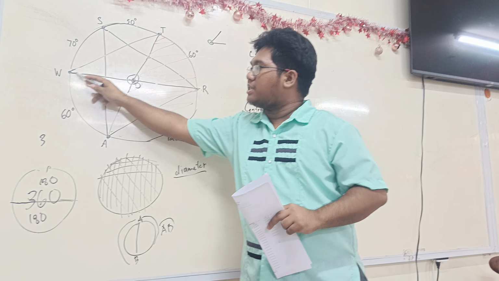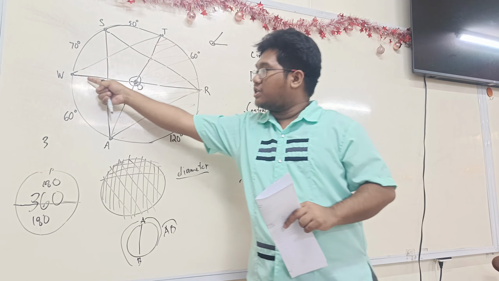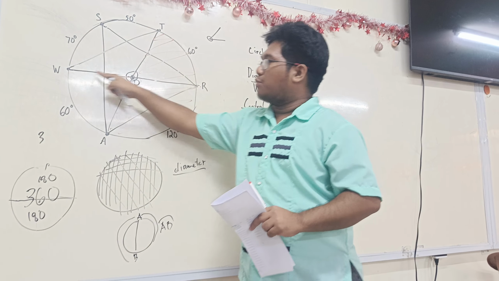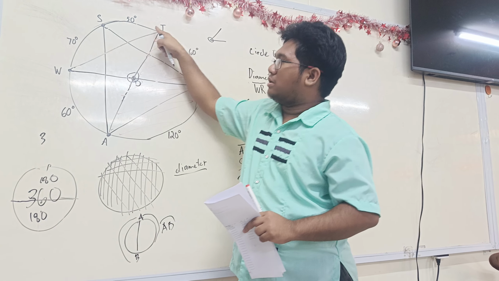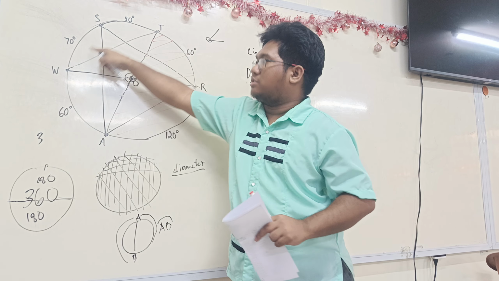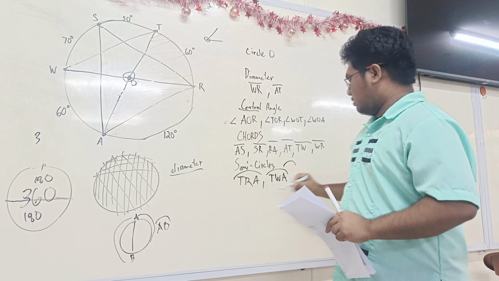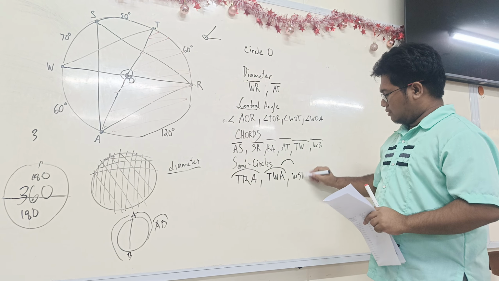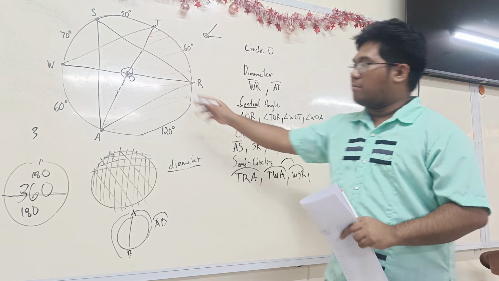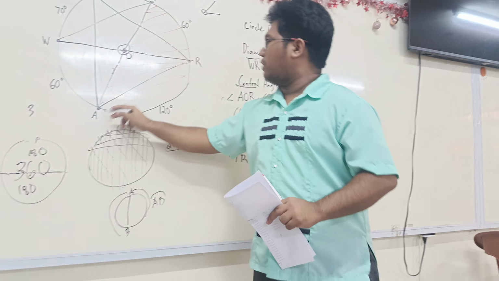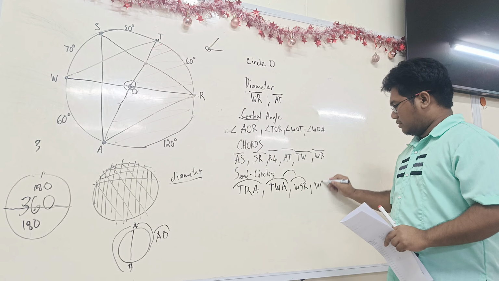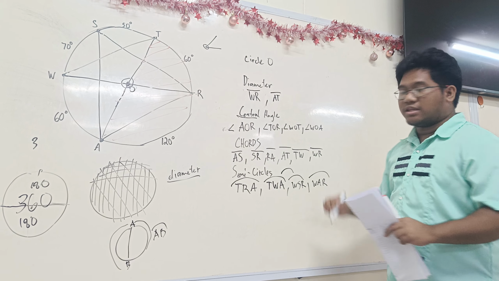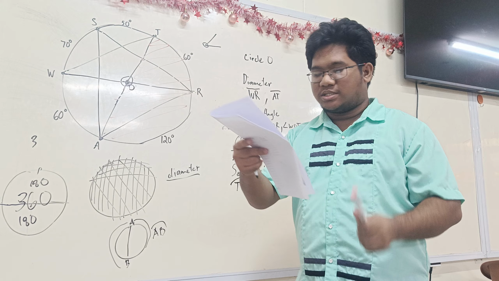Kasi meron pa tayong line na nag-ate, which is yung horizontal line natin. Okay? So, pwede natin ilagay W, pili ng midpoint. So, WSR. Then, yung pababa naman, WAR. Okay, so that is for semicircles.